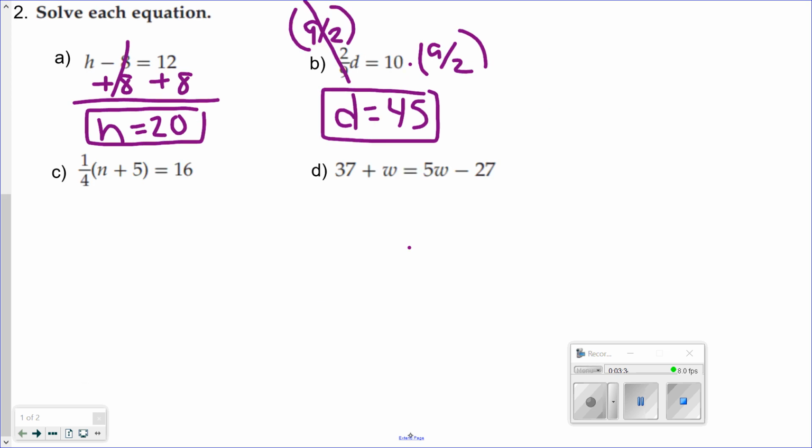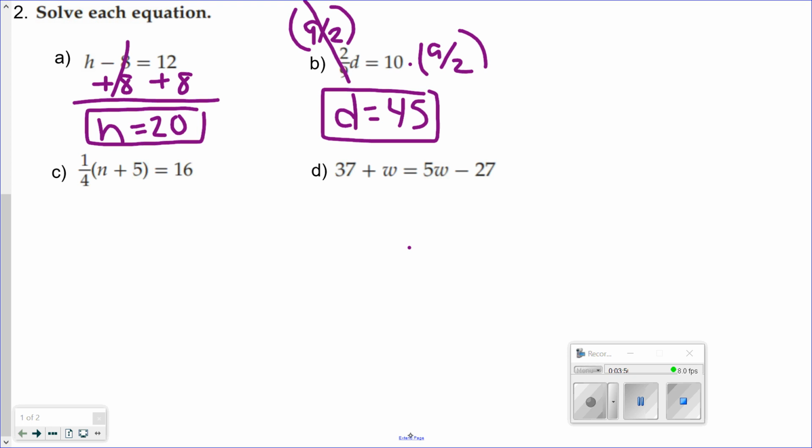All right, part C, I have 1/4 times n plus 5 is equal to 16. We have this 1/4. Normally, if we have a number outside of a parentheses, we would distribute that number inside the parenthesis. However, 1/4 is going to make everything inside the parenthesis a fraction, and we don't really like fractions.